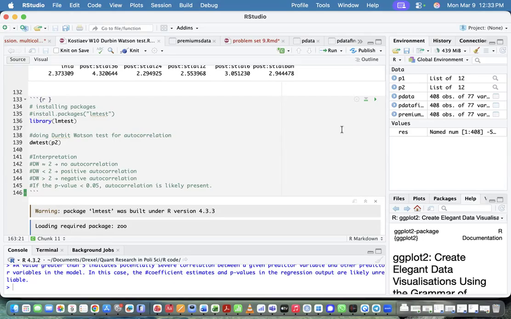run Durbin Watson test, and for that you need this package LM test. So what you need to do, you need to remove hashtag in line 135, and then put it back again after you run the code, and I give you 1 minute to do it.